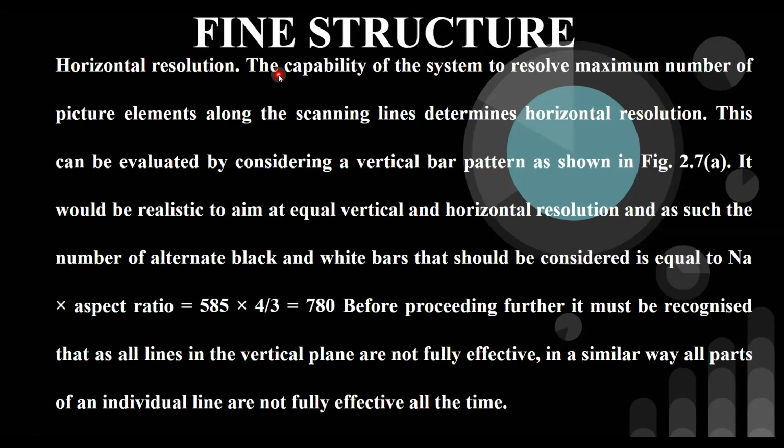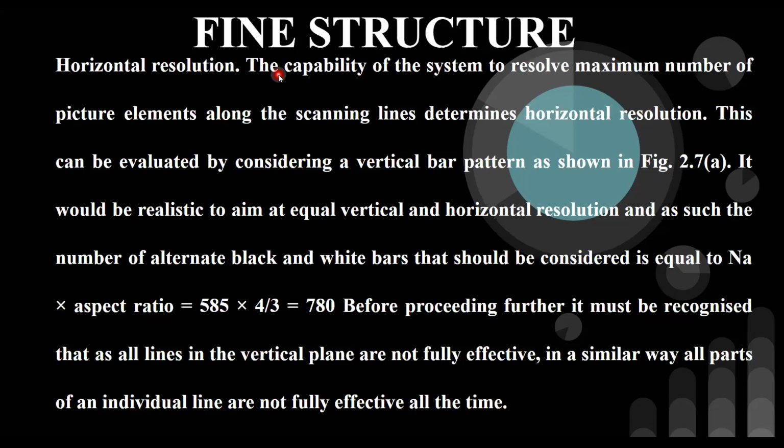So how is this horizontal resolution evaluated for a TV picture screen? So therefore, this can be evaluated according to the particular bar pattern. This can be evaluated by considering the vertical bar pattern.